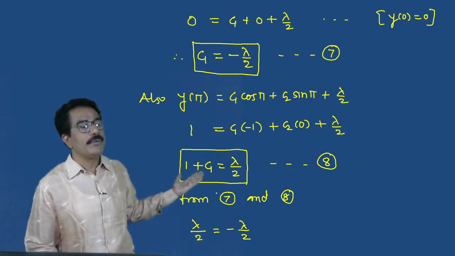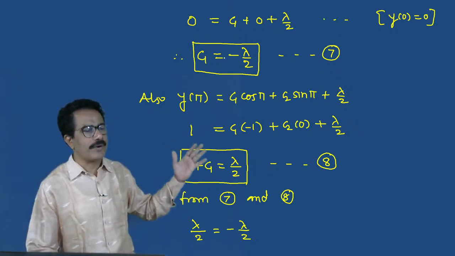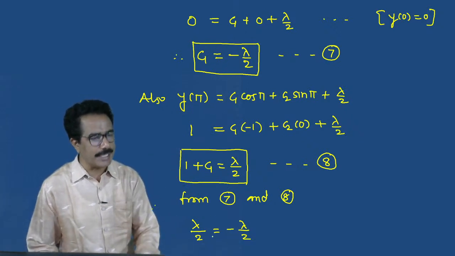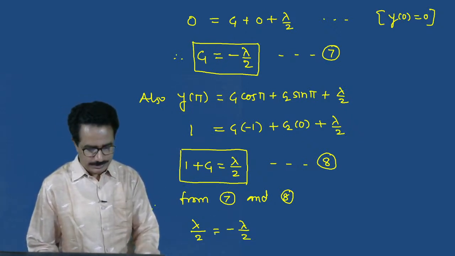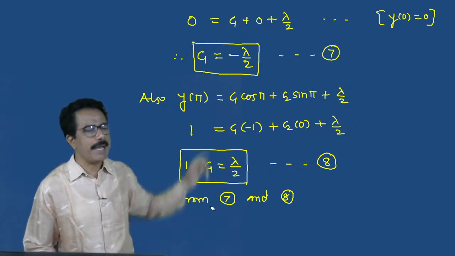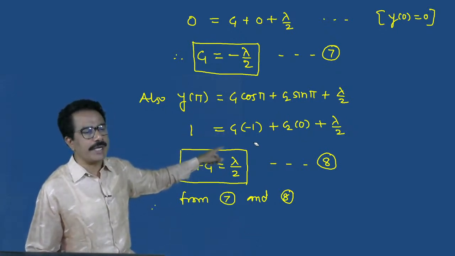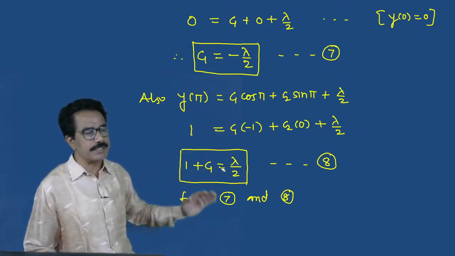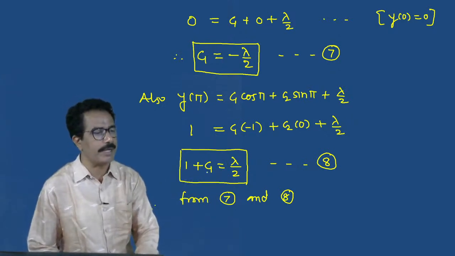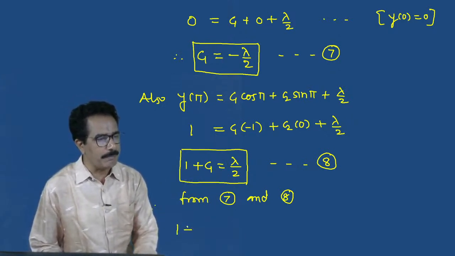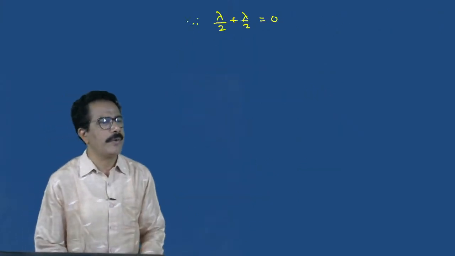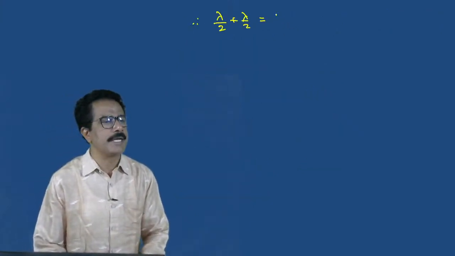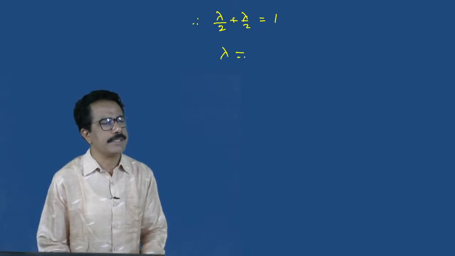Here y of pi is equals to 1, minus c1 goes to the left side as plus c1, that will be 1 plus c1. Now from 7 and 8, put the value of c1. So 1 minus c1 means lambda by 2, which is equals to lambda by 2. So 1 is equals to lambda by 2 plus lambda by 2, that is lambda is equals to 1.